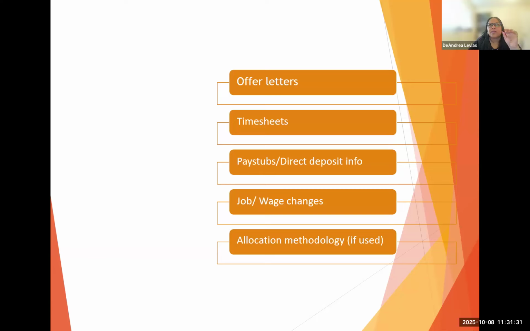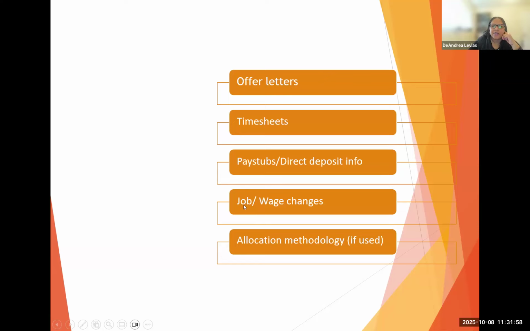So this was another thing. When you're doing subcontracts, make sure that the amount and the payment terms are listed in your subcontract. We talked about pay stubs and direct deposit information, again matching the timesheets and whatever is in the offer letter.